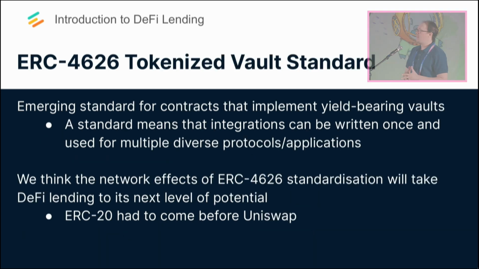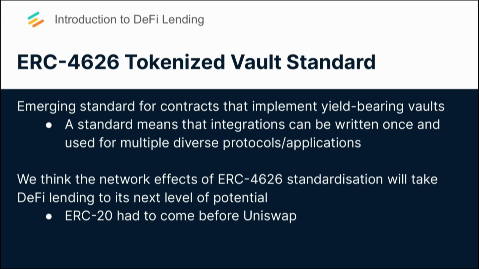ERC-4626 is an emerging standard, and we think it's going to be very important moving forward. It is a specification for creating yield-bearing vaults. That's a smart contract that you deposit into, and it will do something for you, earn yield, and then you can withdraw at the end. The great thing about a standard is that if many different protocols implement the same standard, then one integration suffices to interact with all of them.